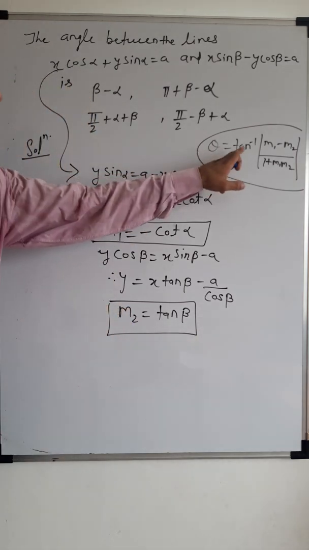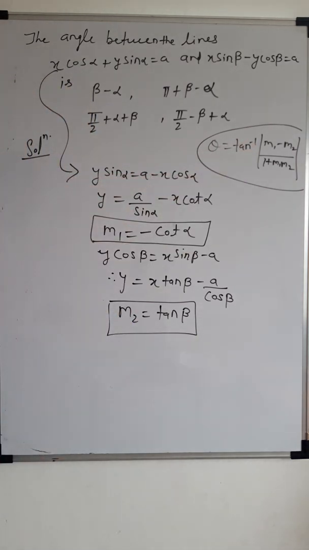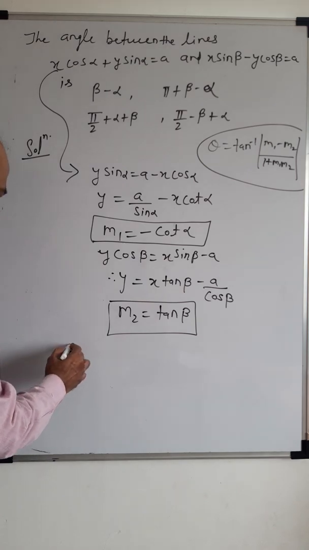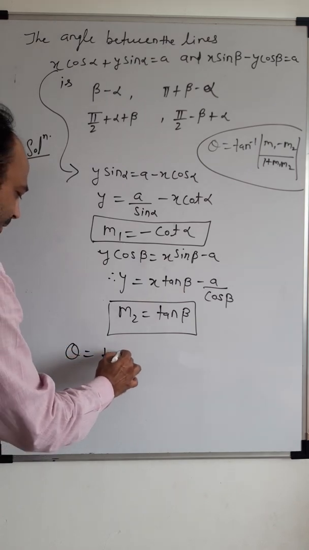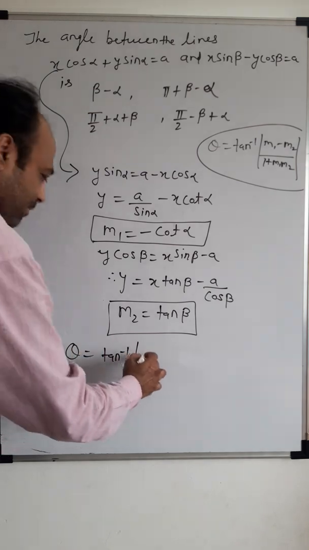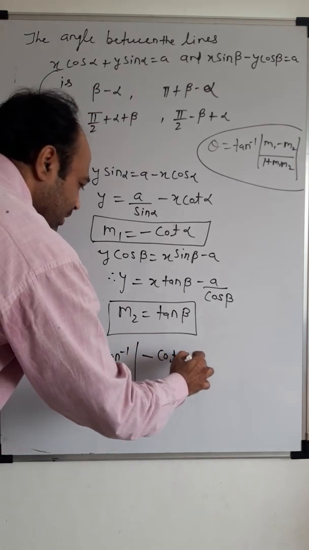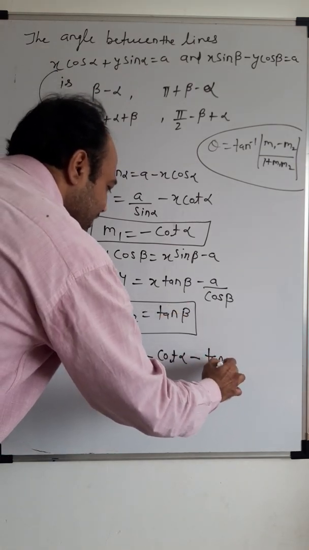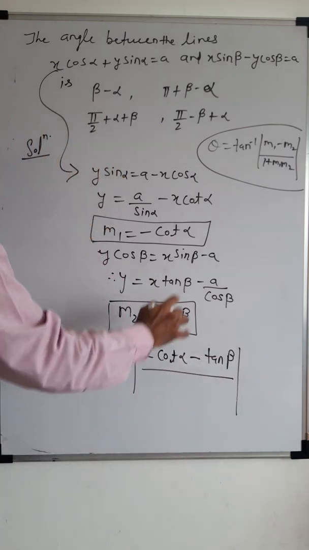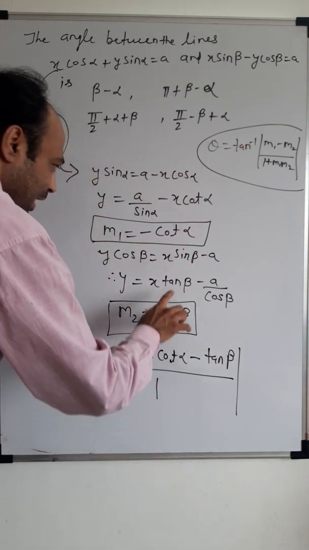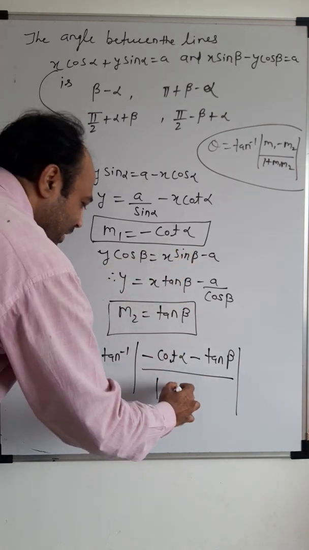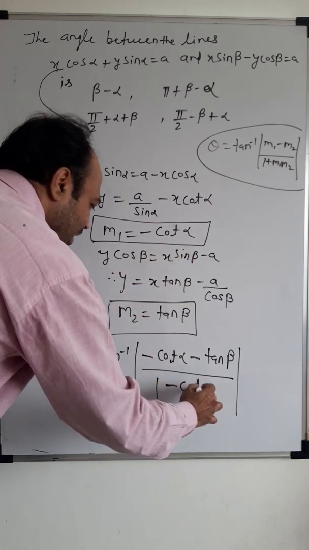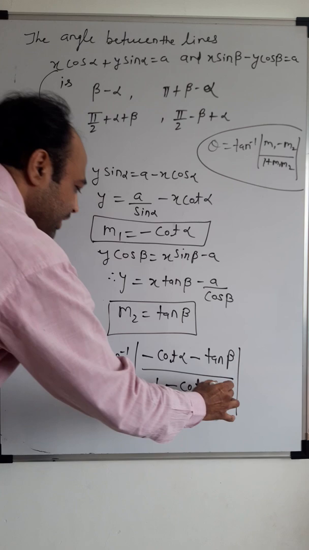Now we will use the angle between these two lines: theta equals tan inverse of (m1, which is minus cot alpha, minus m2, which is tan beta) upon (1 plus the multiplication of these two, so it becomes minus again, cot alpha into tan beta).